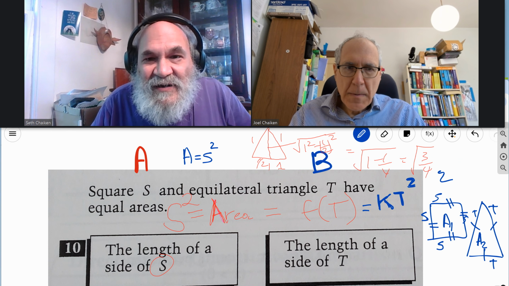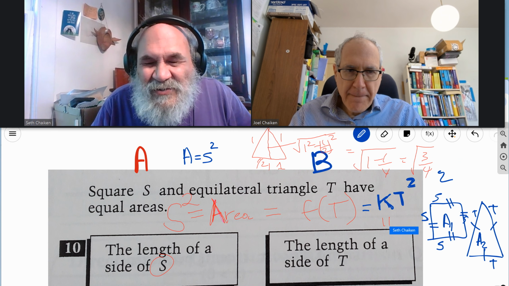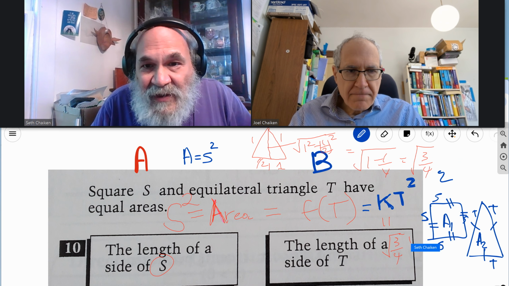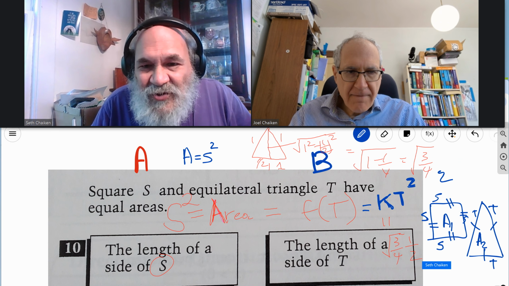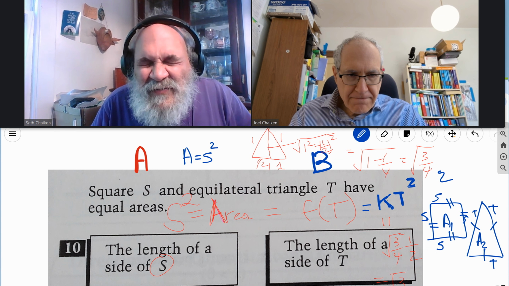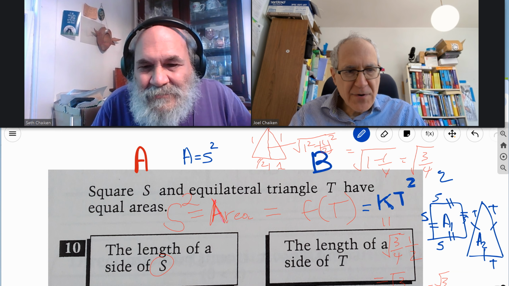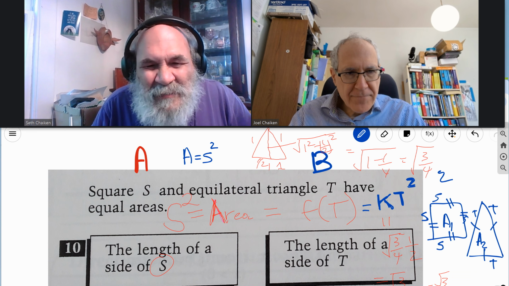So K equals the square root of 3/4 times 1/2, which is the square root of 3 divided by 2 times 2. So it's the square root of 3 over 4.